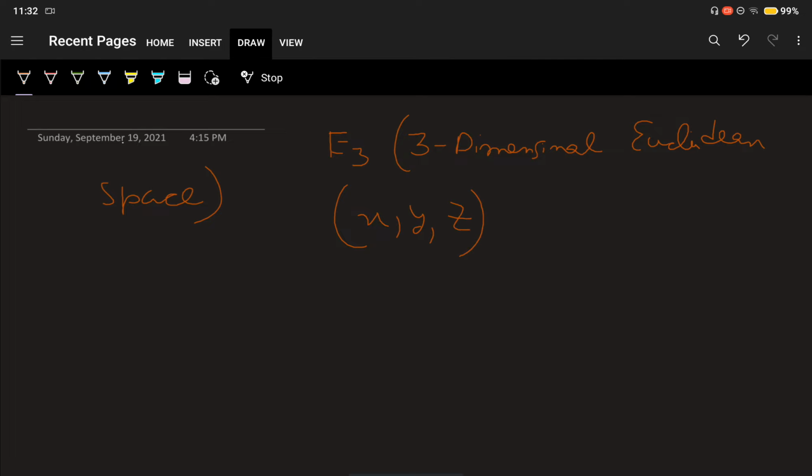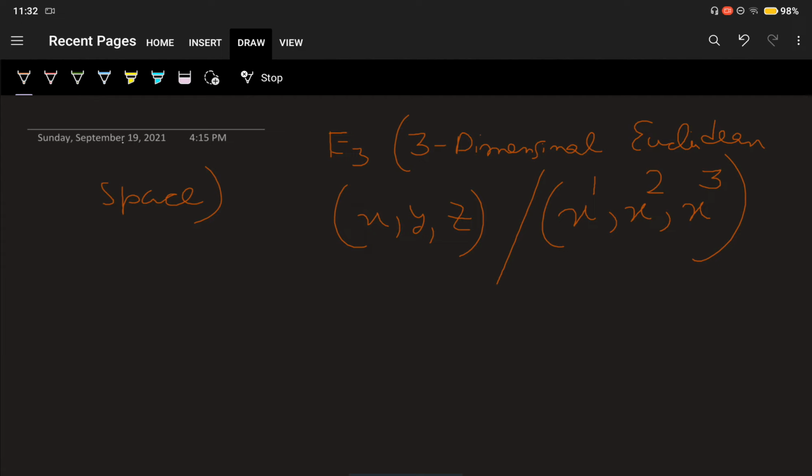Now this can be written as x superscript 1, x superscript 2, x superscript 3. Here x superscript 1 stands for x, x superscript 2 stands for y, x superscript 3 stands for z.